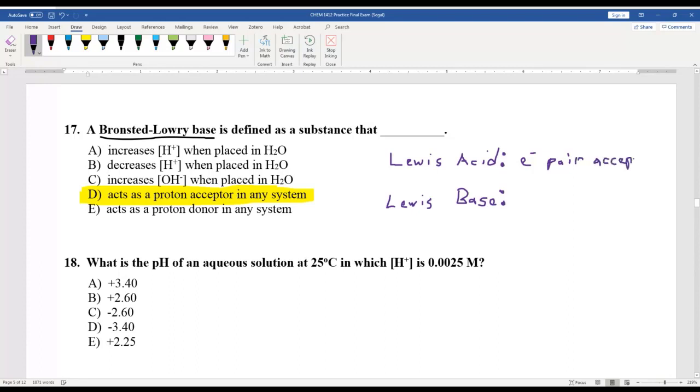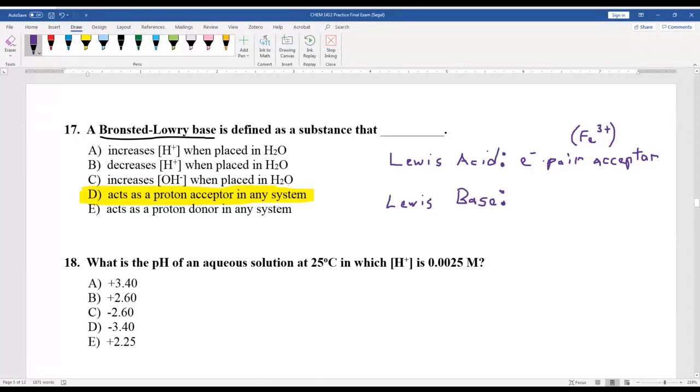An example of a Lewis acid would be something like Fe3 plus. Fe3 plus is a really good Lewis acid. Fe3 plus ions in solution will actually drop the pH down to about 4 or something, maybe even lower.